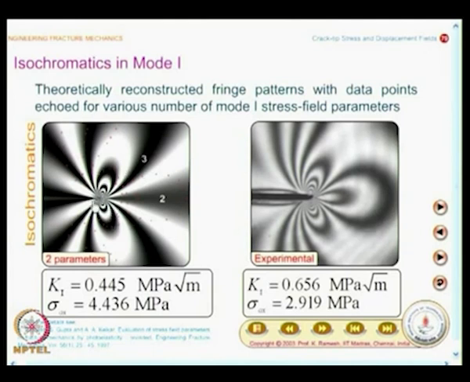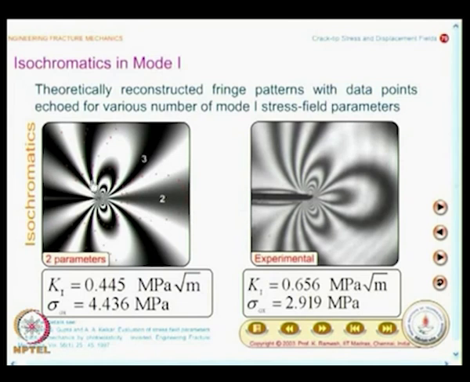And when you use a 2 parameter solution, the value of K1 is 0.445 MPa root meter, whereas the actual K1 for this problem is higher, that is 0.656 MPa root meter. And what you see in this picture is the red dots which are actually data points taken from the experimental fringe pattern.